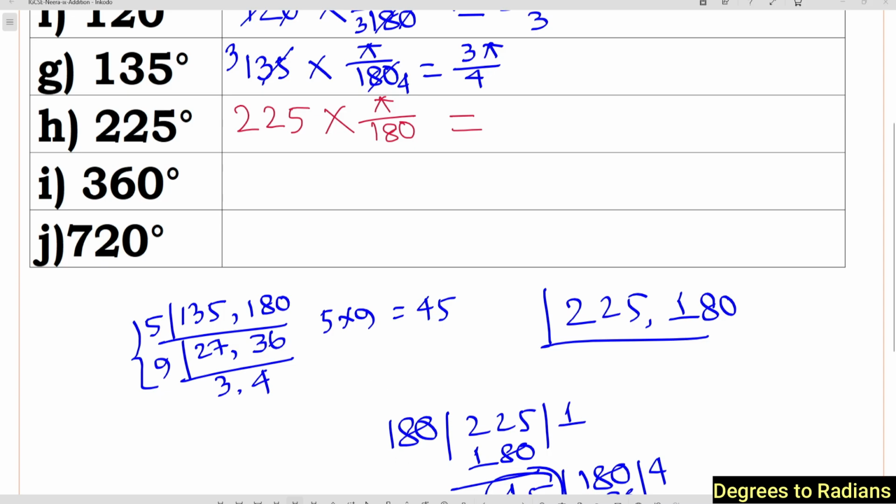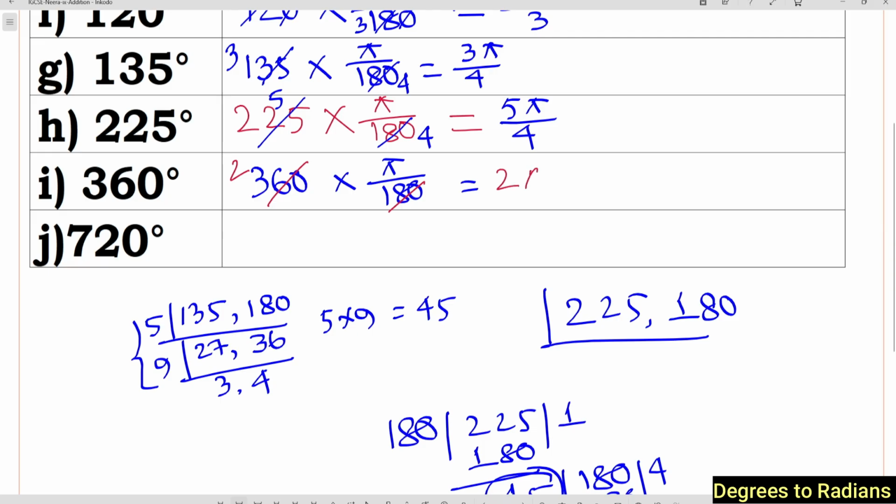If we divide 225 by 45, we get 5, and 180 by 45 is 4. Our answer is 5 pi divided by 4. What about 360 degrees times pi divided by 180? 360 divided by 180 is 2 times, so the answer is 2 pi.